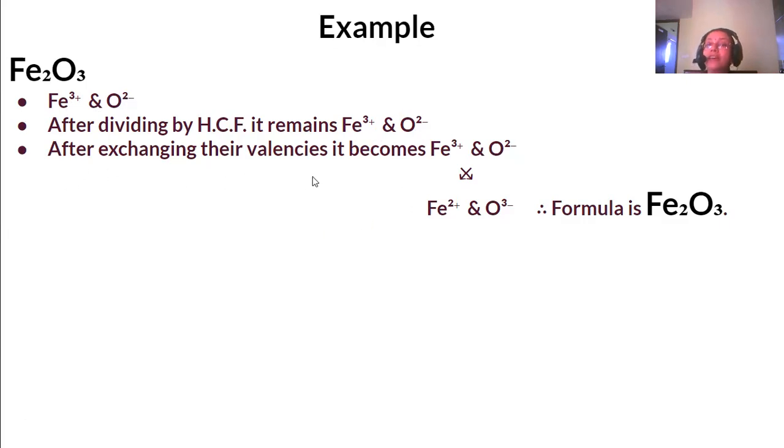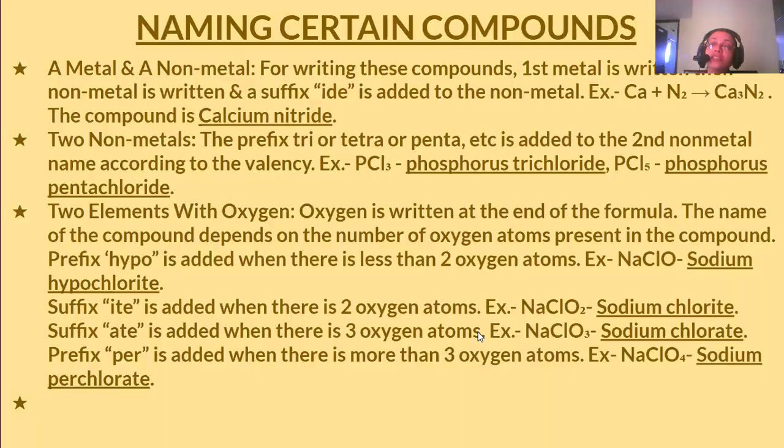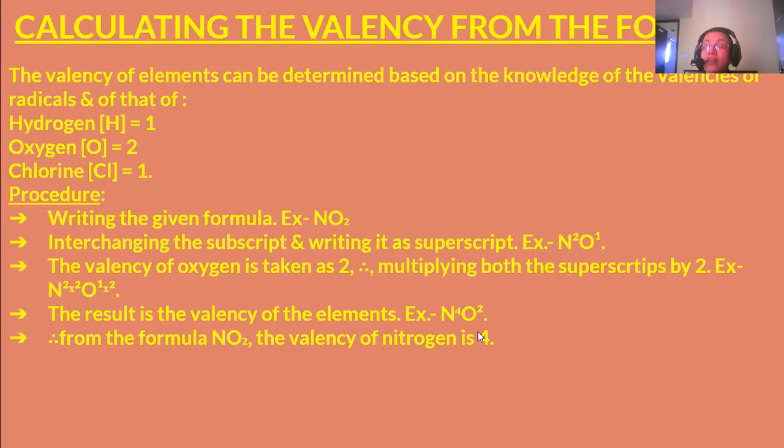After exchanging their valencies, we get Fe2O3, therefore the formula becomes Fe2O3. This is just the opposite when we are finding the valency from the formula. NO2 is given, we exchange the subscripts and write them as superscripts, and then multiply them. There we were dividing by the highest common factor; here we are multiplying both the superscripts by a common factor, 2. That way nitrogen has a valency of 4.